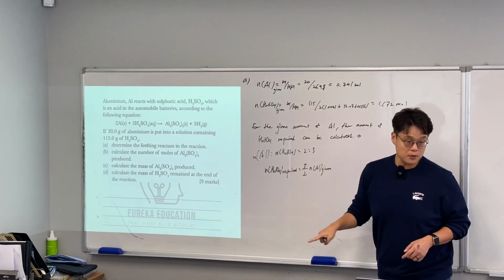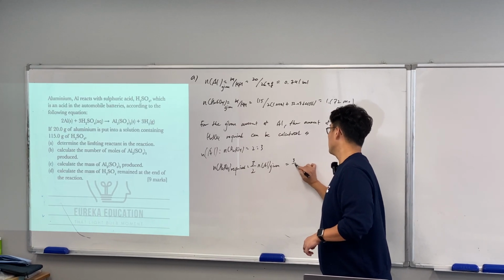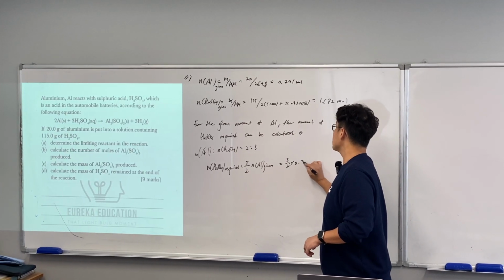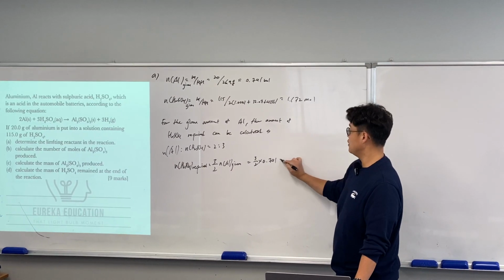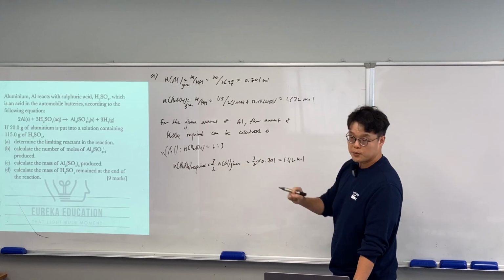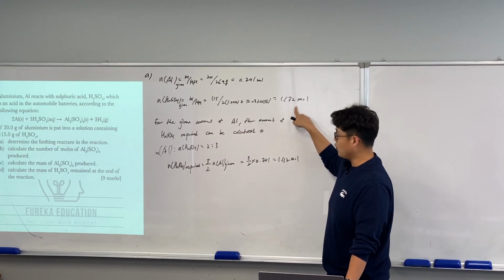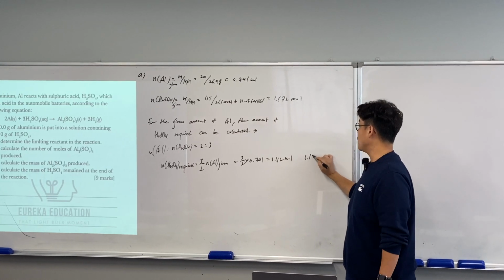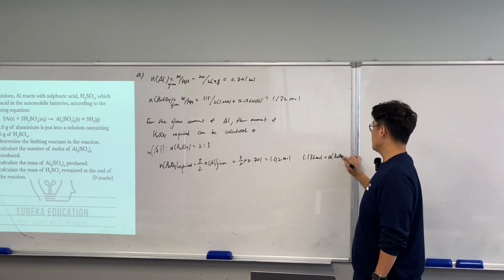Now, any questions up to this point? Oh, good, okay. Then you get 3 on 2 times 0.741, which is 1.112 mole, the amount of H2SO4 required. Compare the two: the H2SO4 given is 1.172 mole.